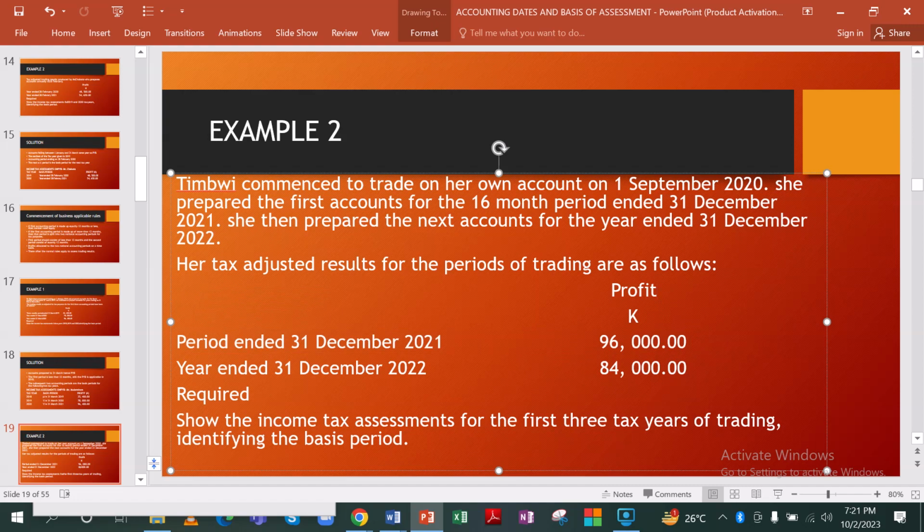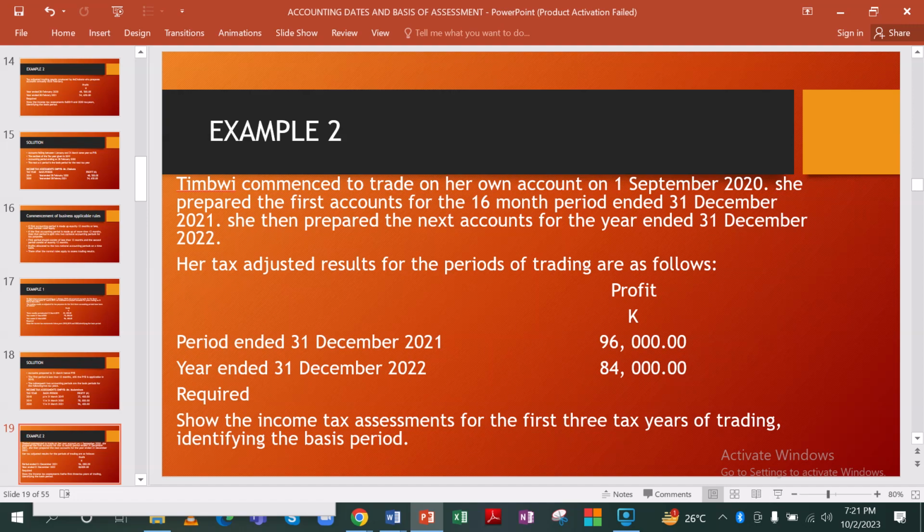So in this particular case, we have to split this period into two notional periods. As I told you, the last accounting period should always be equal to 12 months. Then the balance is what remains for the first period. So the last 12 months is from 1st January 2021 to 31st December 2021.